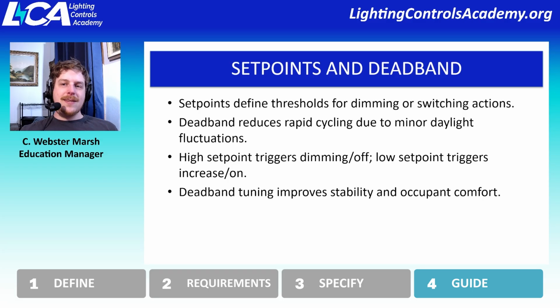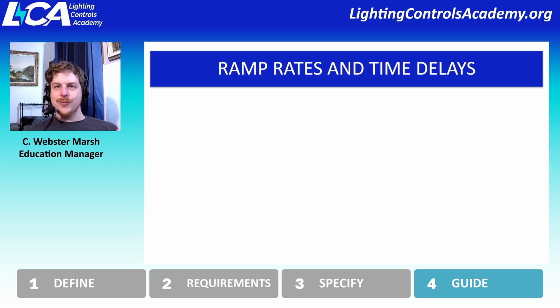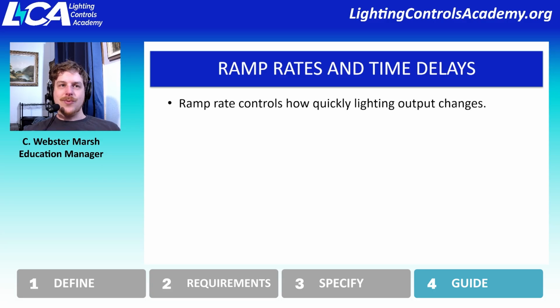But deadband is not the only way to prevent unsavory results from your lighting. There's also ramp rates and time delays. So ramp rate is going to be how quickly that change happens. So going back to our outdoor sensor, we're now going to give it dimming capability.